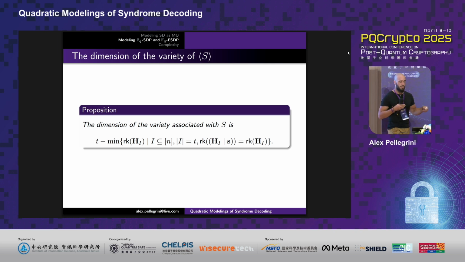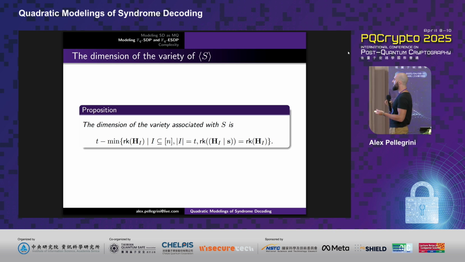Therefore, we have a proposition with a proof: the dimension of the variety associated with the system is given by T, the weight defined in the syndrome decoding problem, minus the minimum of the ranks of these matrices HI, where I is a subset of 1 until n of cardinality T, and HI is the submatrix of the parity check matrix where we pick the columns indexed by I. These HI are such that when we augment the matrix with S, the rank doesn't change.